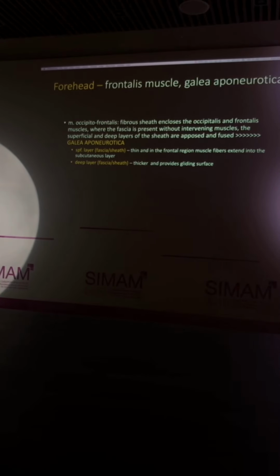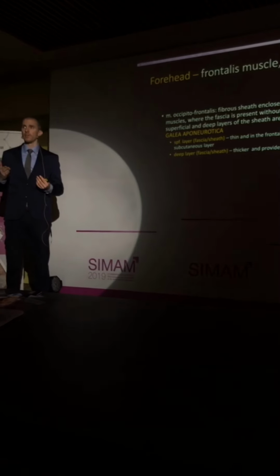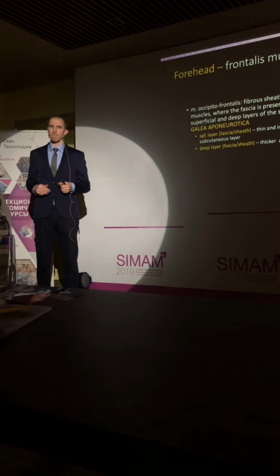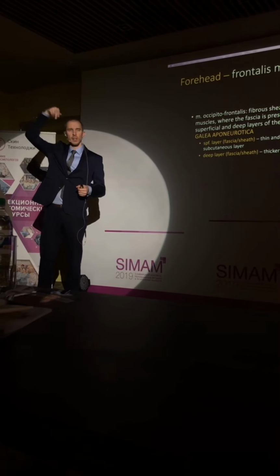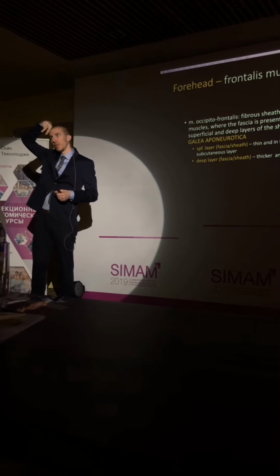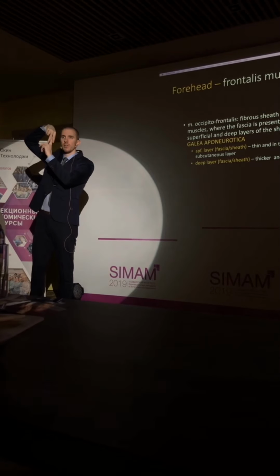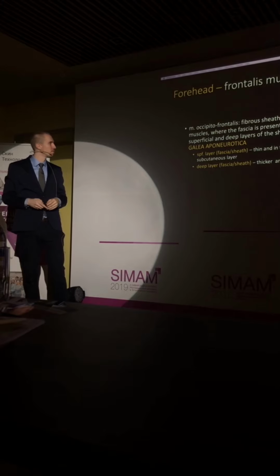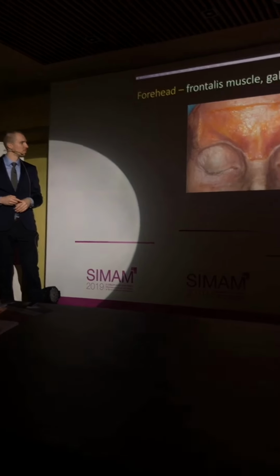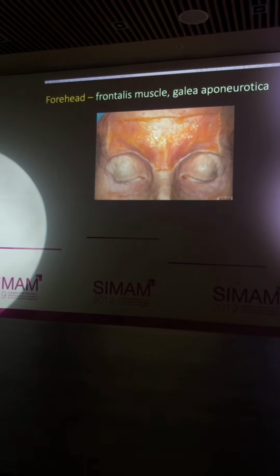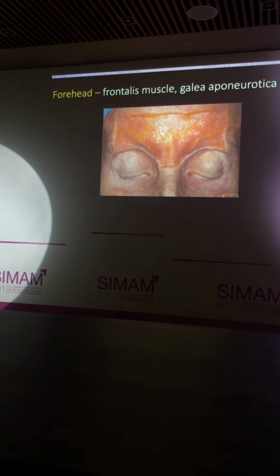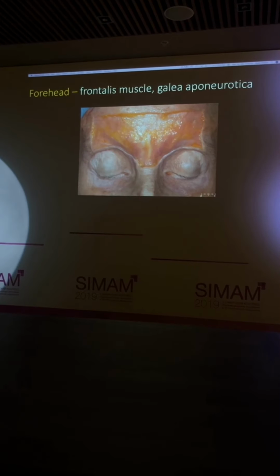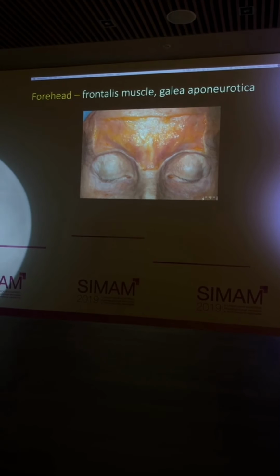Both of them are a representation of the SMAS, the layer number 3. What actually happens is that the galea aponeurotica comes down and divides and envelops the frontalis muscle, in front and behind.